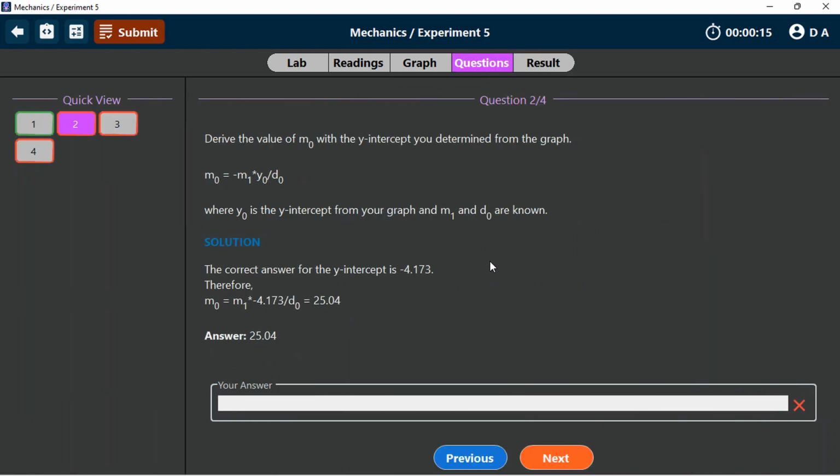If you check the question, you'll see that the mass of the meter rule is 25.05. From our settings, we actually used 25, which the experiment predicted to a very large extent.